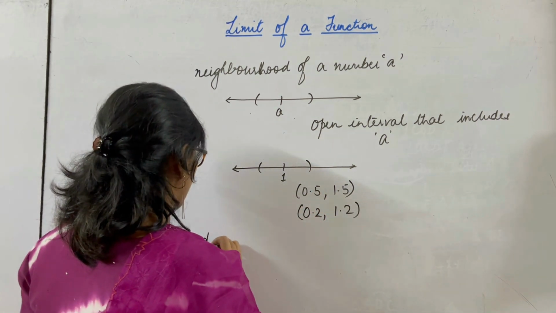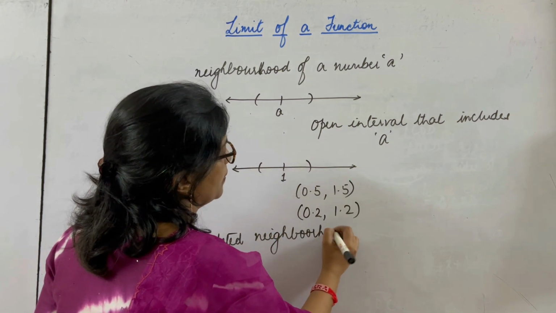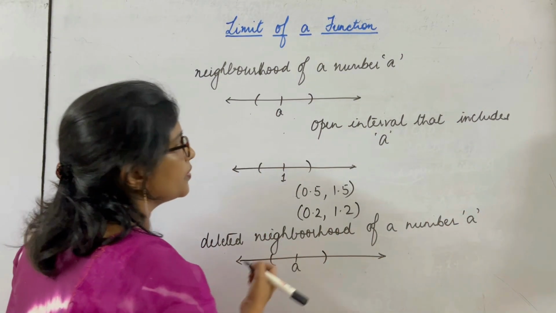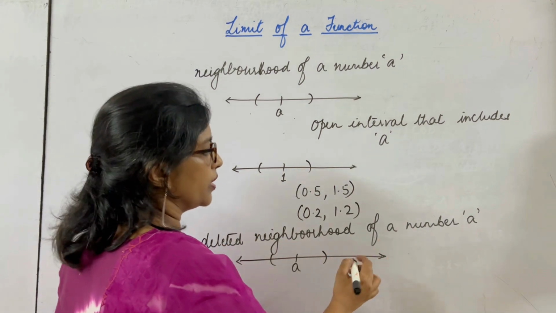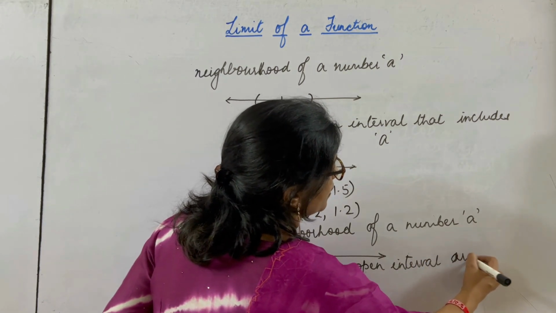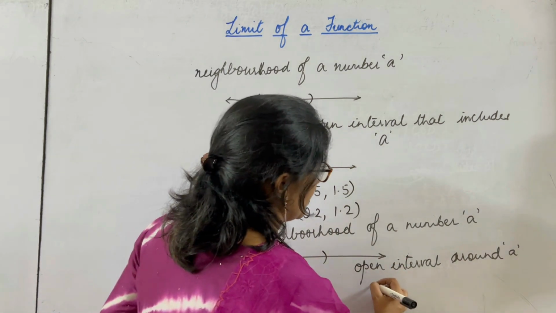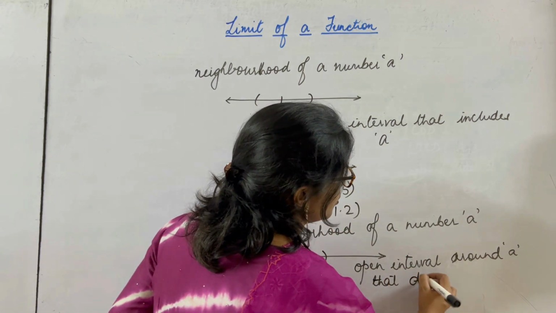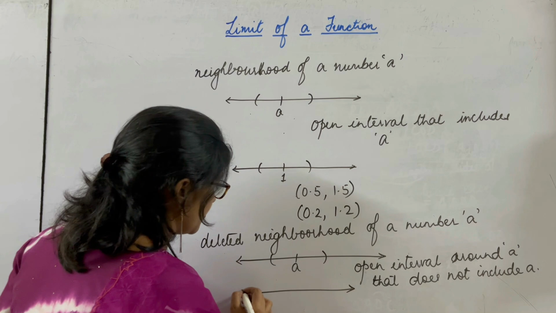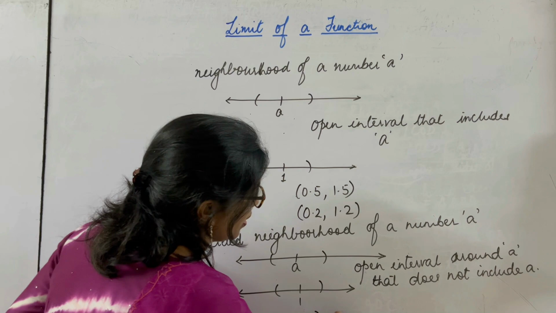It can be any interval which includes 1. Same way, we have another one, that is deleted neighborhood of the number. In deleted neighborhood, the only difference is that we will take values around A, but will not include A. An open interval around A that does not include A. For example, if you have 1, you will take value 0.5 to 1 and 1 to 1.5.